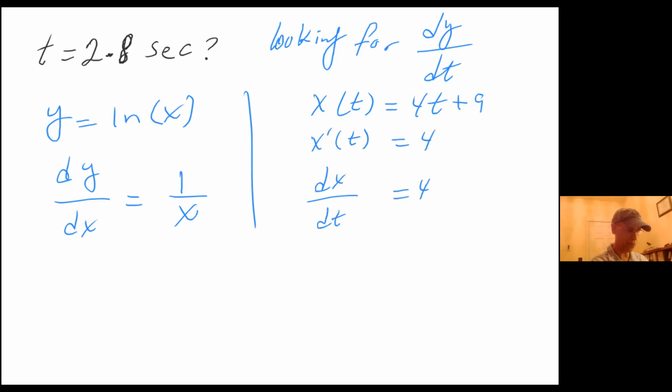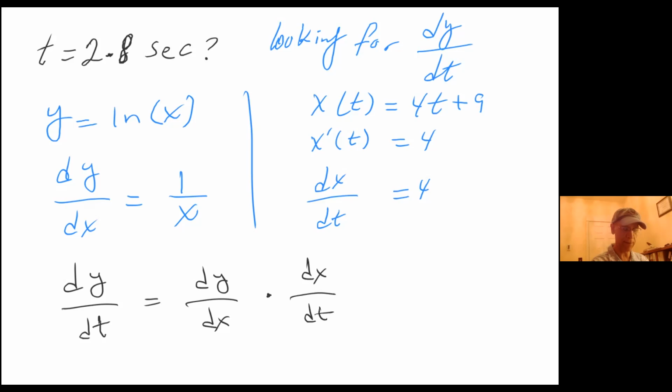And remember that we said that we are looking for dy dt. Using the chain rule, I know that I can find my dy dx. Notice that if I multiply that by dx over dt that I have in here, since this cancels this, I'm totally within my jurisdiction using the chain rule.